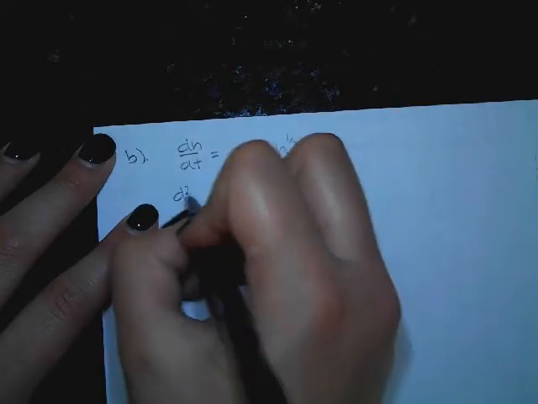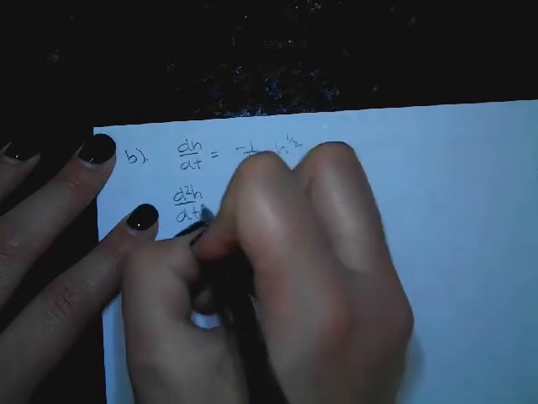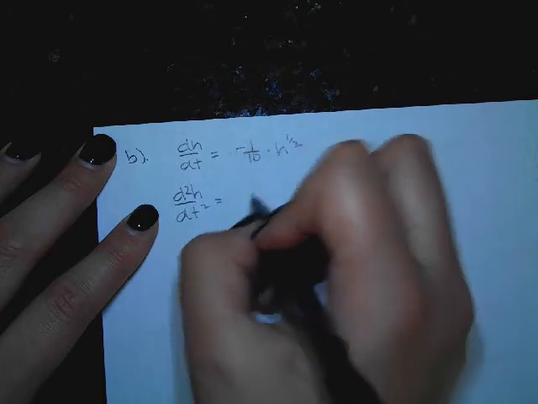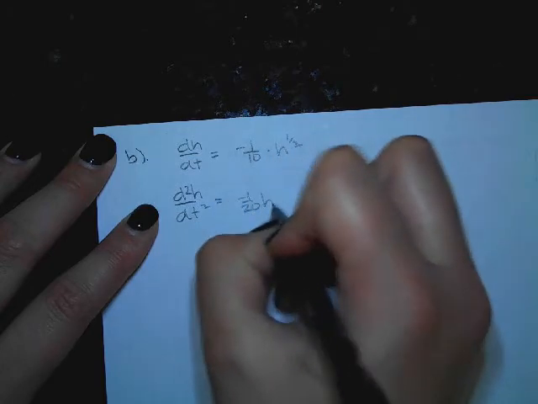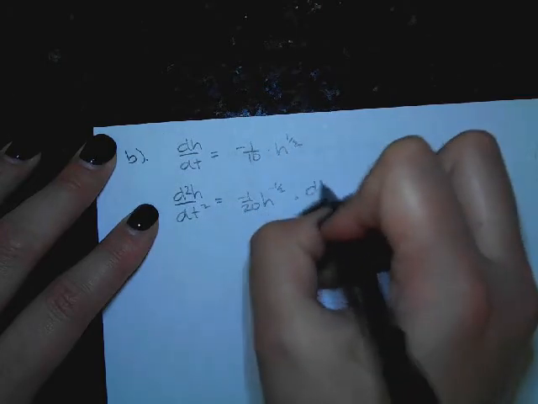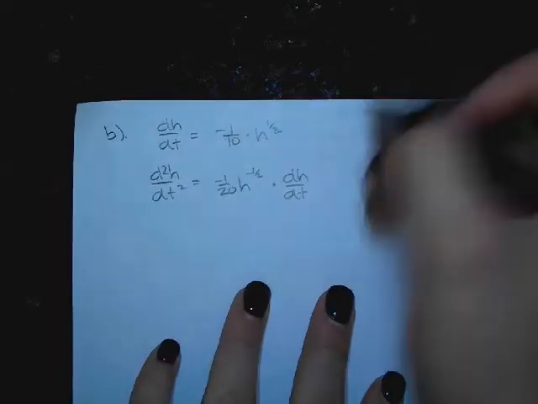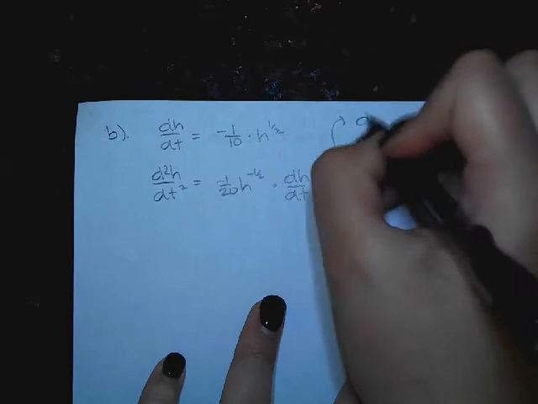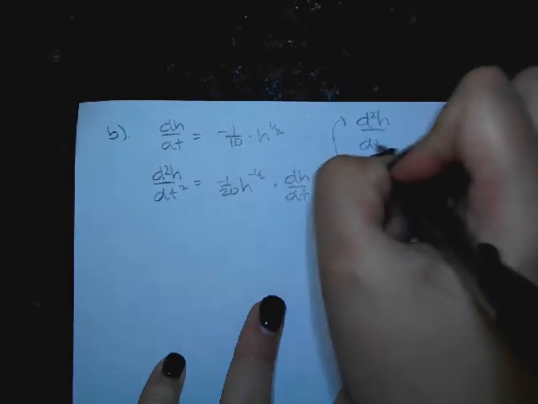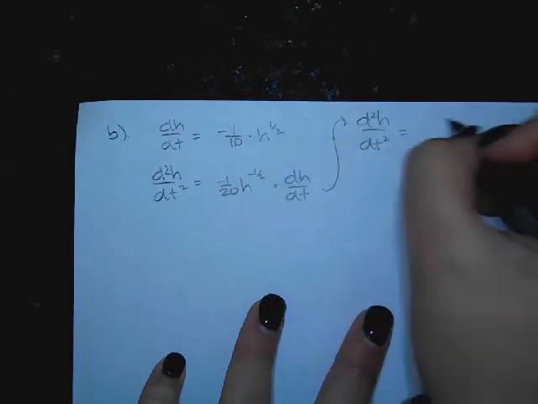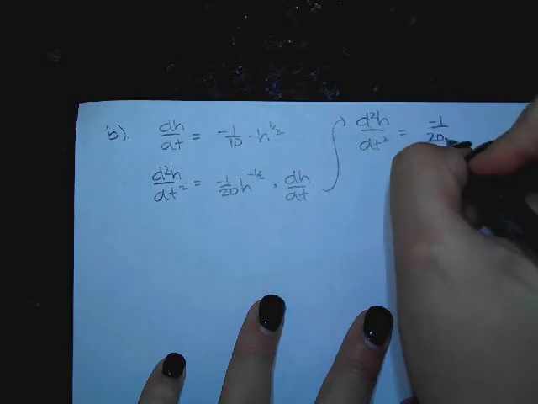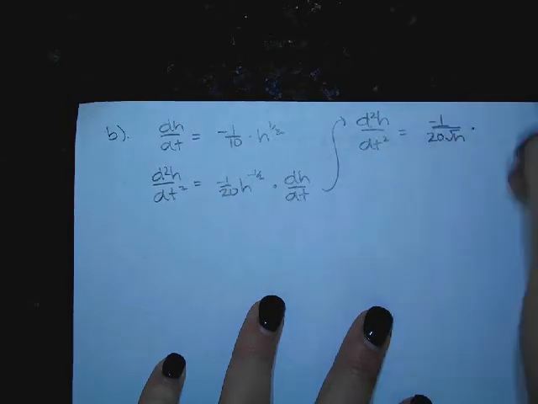So I have the second derivative is -1/20 h to the -1/2 times dh/dt, so times the derivative of h. So that's -1/20, there's the square root of h right there.